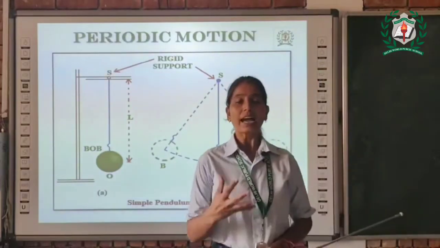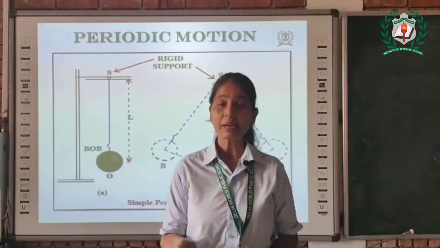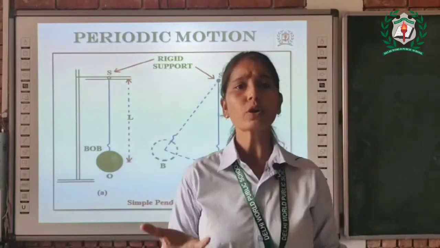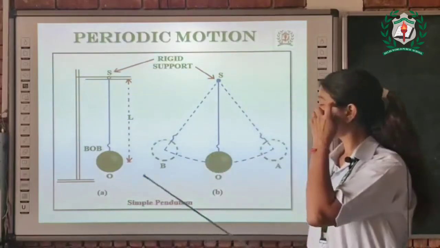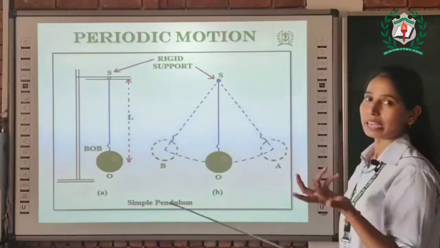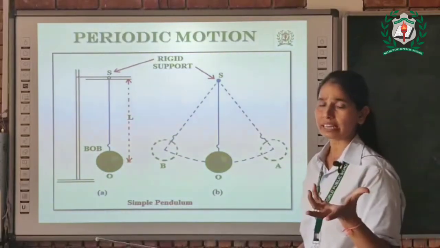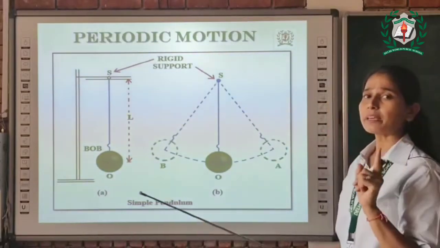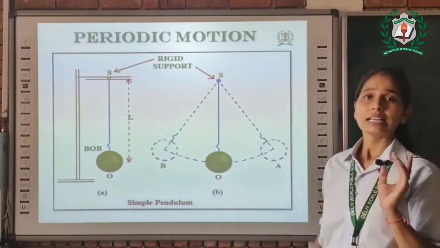What is the time period of a pendulum? The time taken by the pendulum or bob to complete one oscillation is called its time period. For example, if it takes 1 second, then the time period of this pendulum will be 1 second.